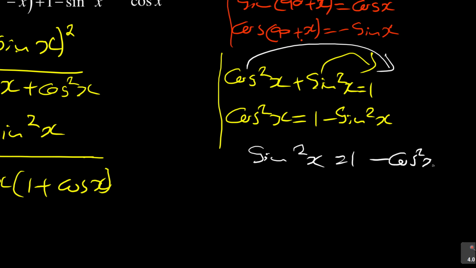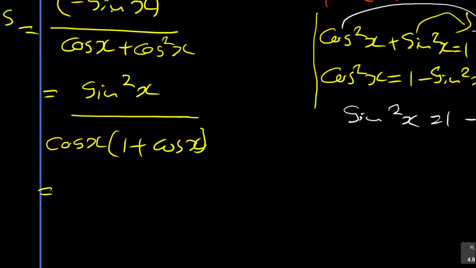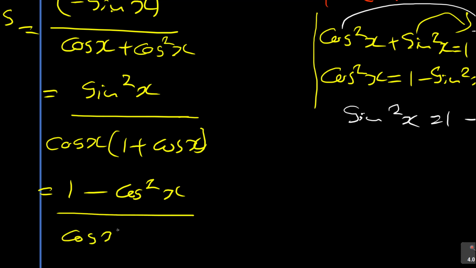Cos squared x. See that? So in here you can write that now as equal to 1 minus cos squared x over cos x (1 plus cos x), which is a difference of two squares there.